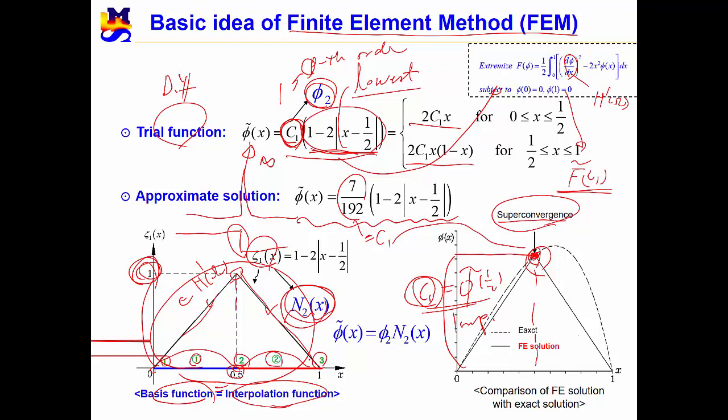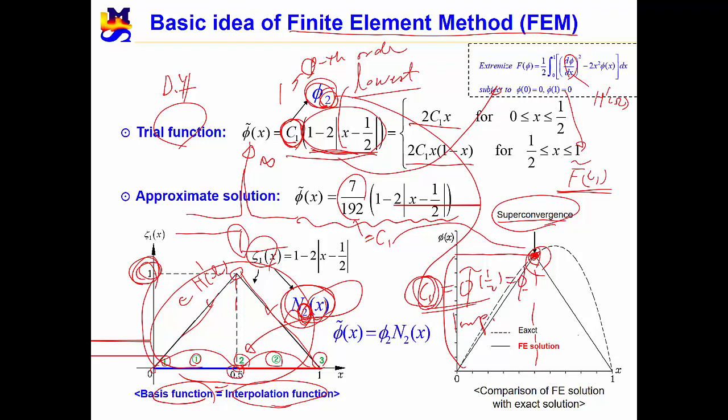Of course, computers have no brain, really no brain. The subscript 2 in function N2(x) is a kind of address of the interpolation function, while that in phi 2 is the address of the nodal value.